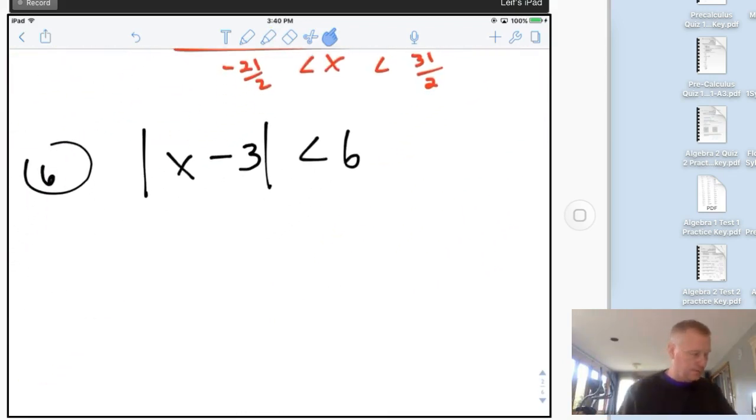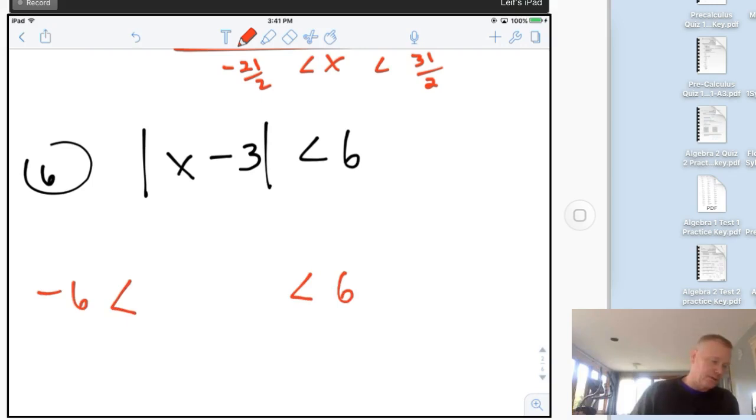All right, number 6. So, there's two ways to do these kind of problems, and this is kind of slick, actually. If I have this number less than 6, that absolute value, what's actually going to happen is it's going to be between 6 and negative 6, okay?